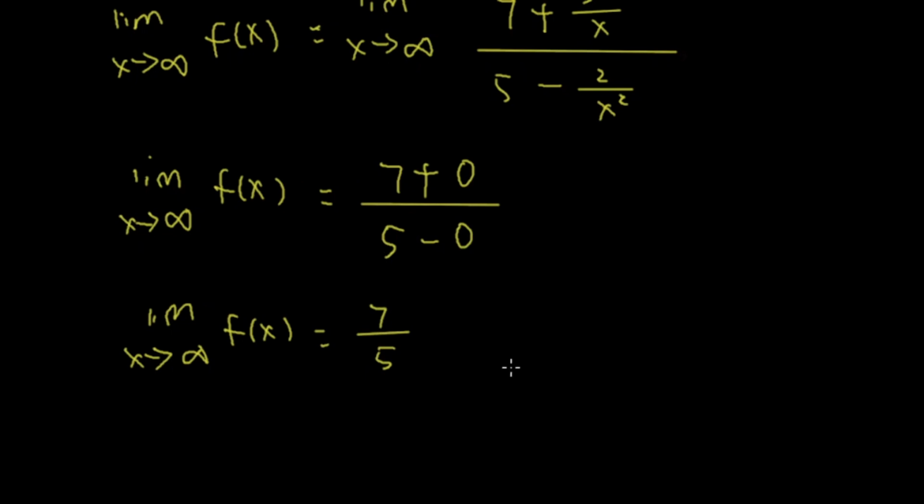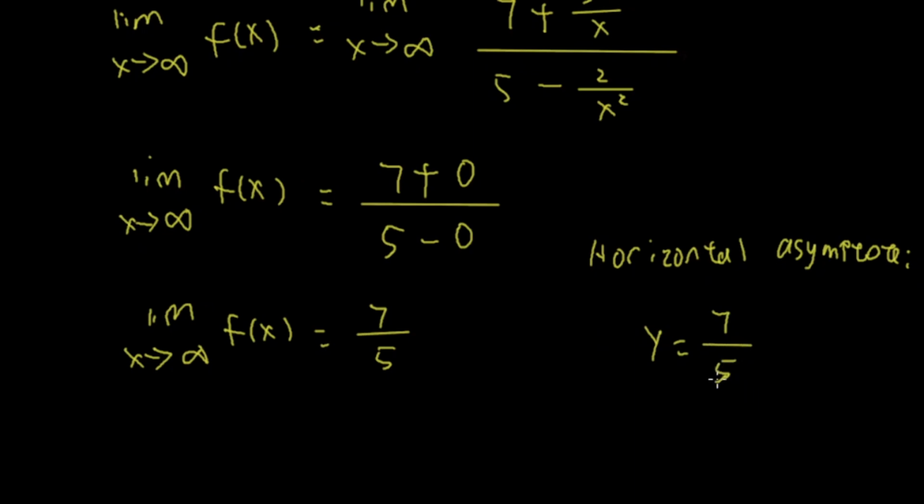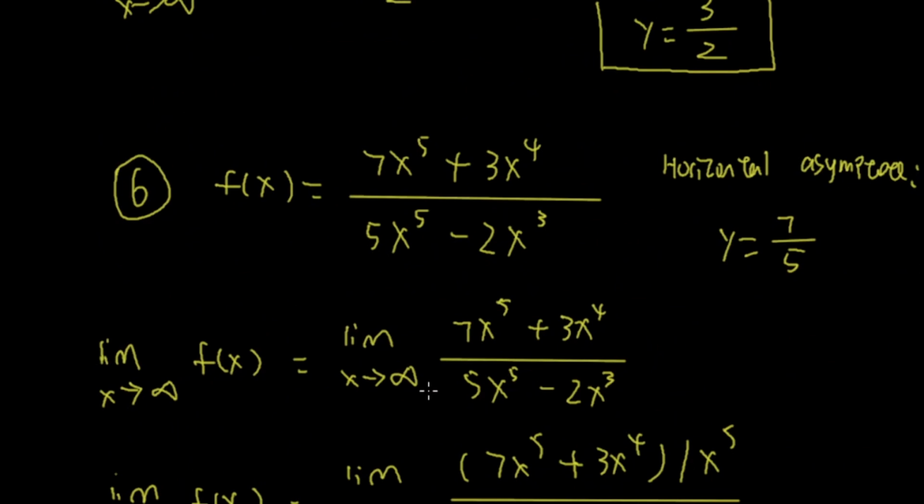What does that mean? That means the horizontal asymptote for this function here is y equals 7 over 5. Now again, the answer I get with the limit is the same as the answer I get with the rule.